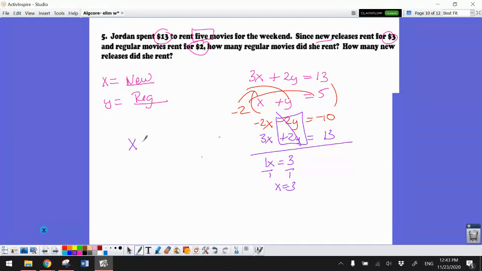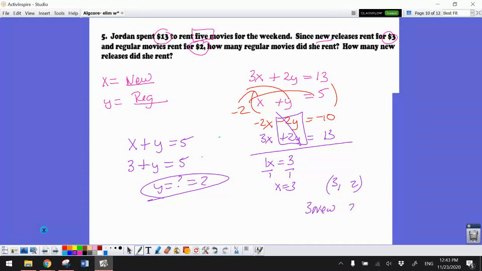And I'm going to go ahead and use x plus y equals 5, because if this is 3, what's y? Y is 2, because I can only have a total of 5 movies. So 3, comma 2 is my answer. So I got 3 new movies and 2 regular movies to watch.